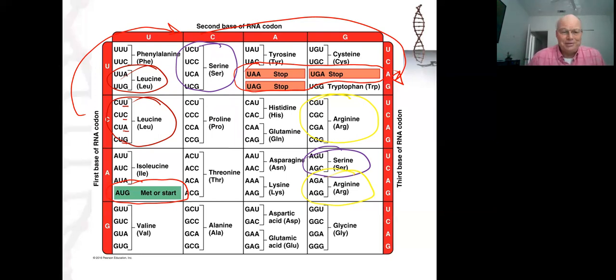So while there is redundancy, there are multiple codons for each amino acid, each codon only codes for one amino acid. In other words, there's no ambiguity. No codon does double duty when it comes to coding for an amino acid. So there may be redundancy, there may be multiple codons for a particular amino acid, but every codon only ever codes for a single amino acid. There's no ambiguity. There may be redundancy, but no ambiguity. So these are the features of the genetic code.